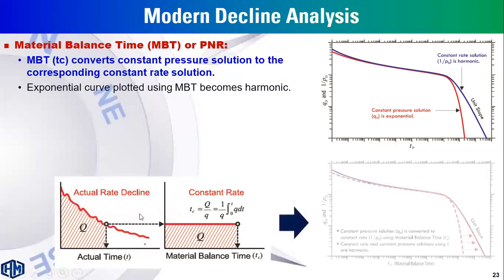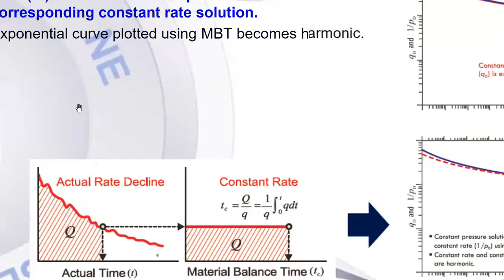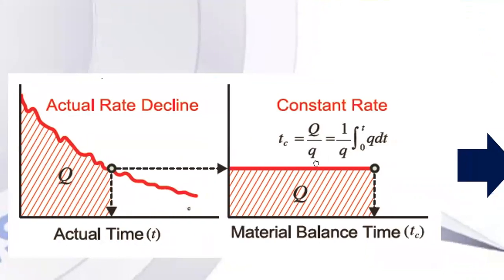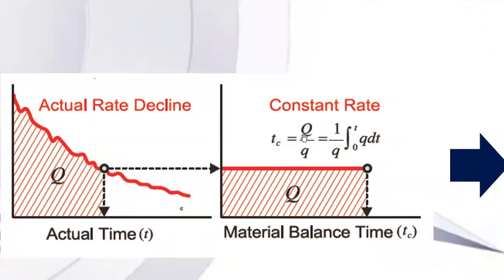So let's say we have this actual trend of production data. We have actual rate decline, as you can see, against time. But if we use the x axis as the material balance time, which is the cumulative divided by the flow rate.